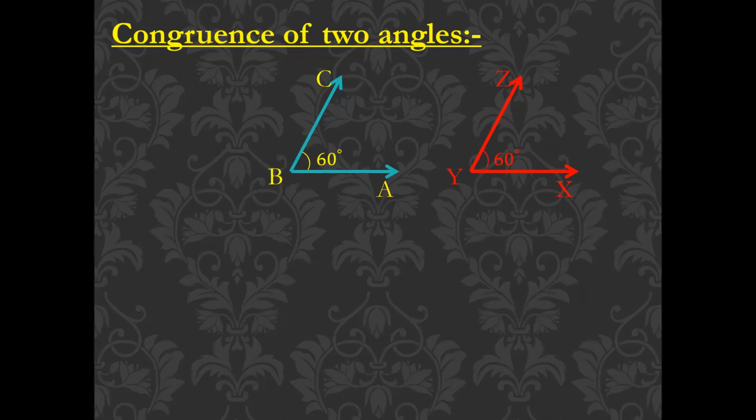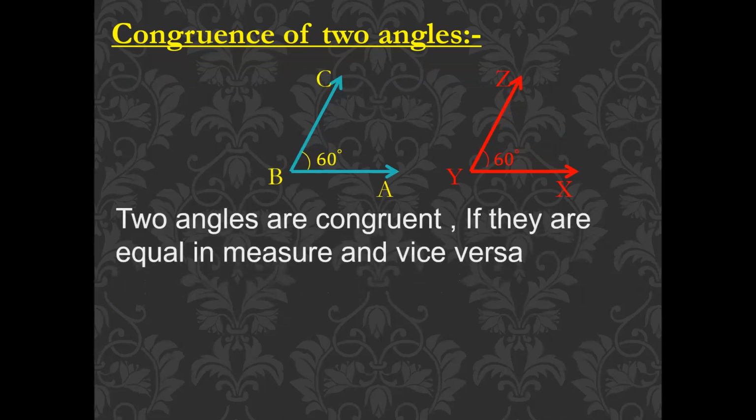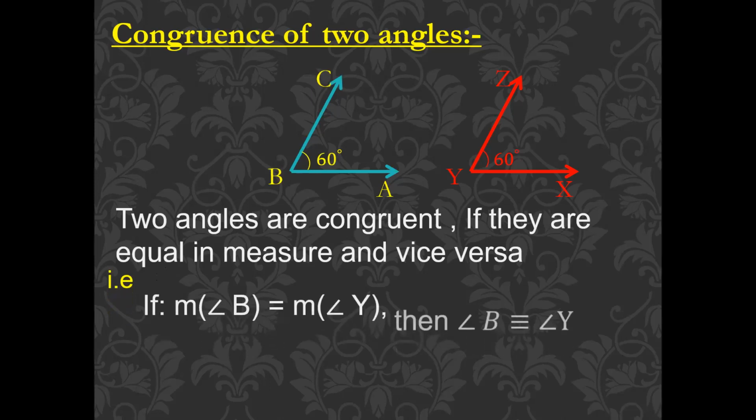Take angle B and angle Y. Angle CBA equals 60 degrees and angle ZYX equals 60 degrees. So the two angles have the same measure, and we can say that they are congruent. Two angles are congruent if they are equal in measure, and vice versa.